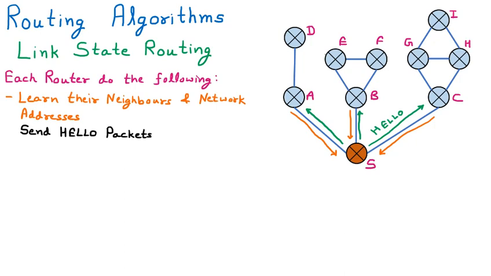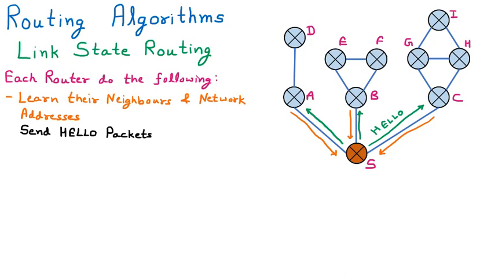This is called learning neighbors. Now S is aware that A, B and C are its neighbors, so the first step is over. This way all the routers find out who their neighbors are by sending hello packets, and those who reply are their neighbors.